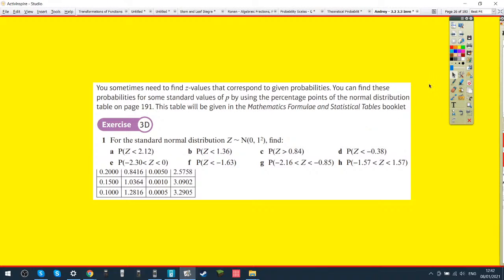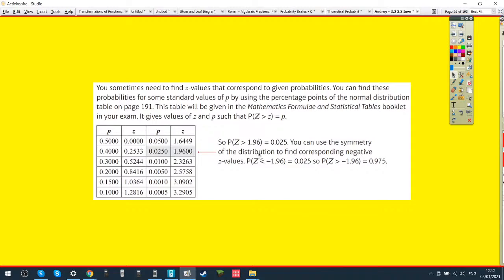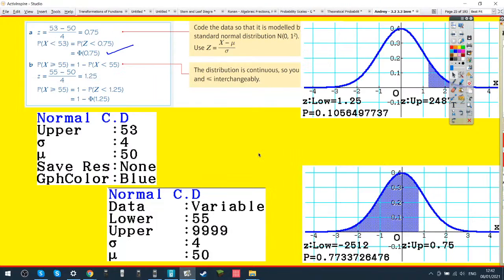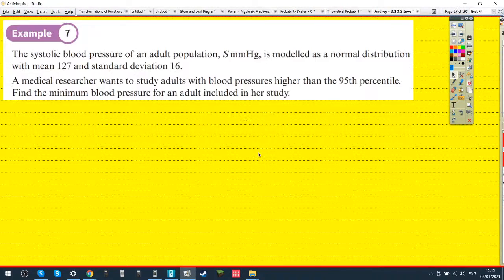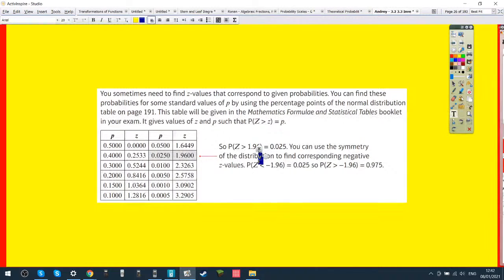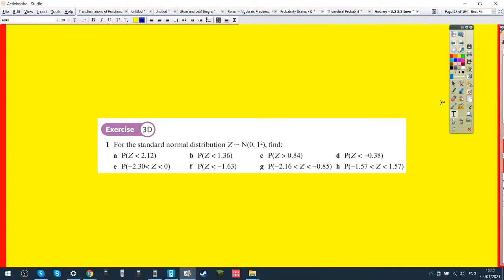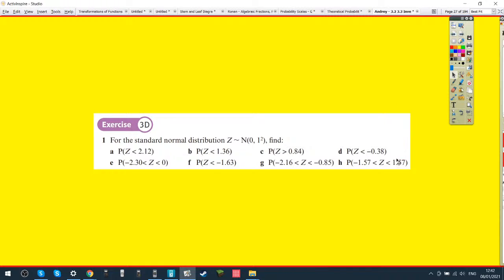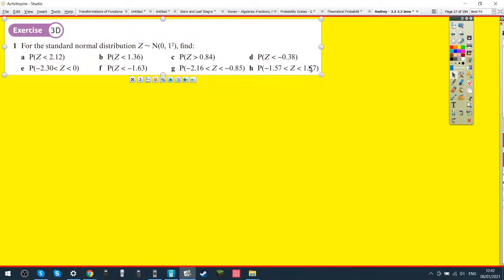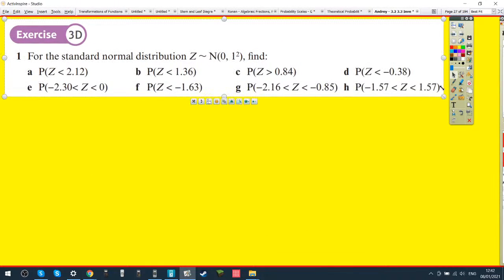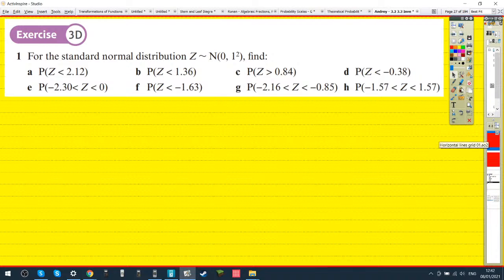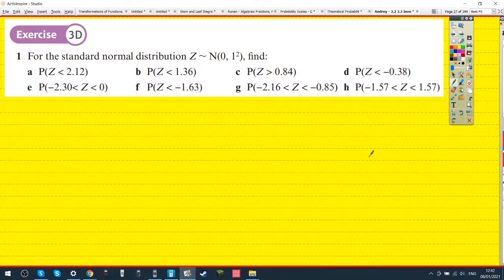I will put in... sorry. So if I go to statistics into the calculator and then put in left.